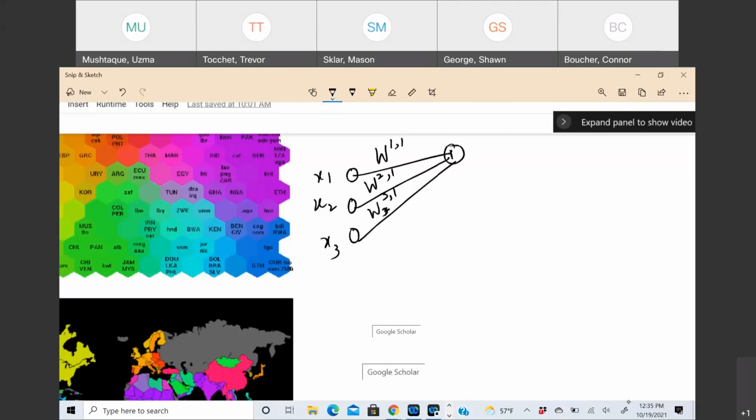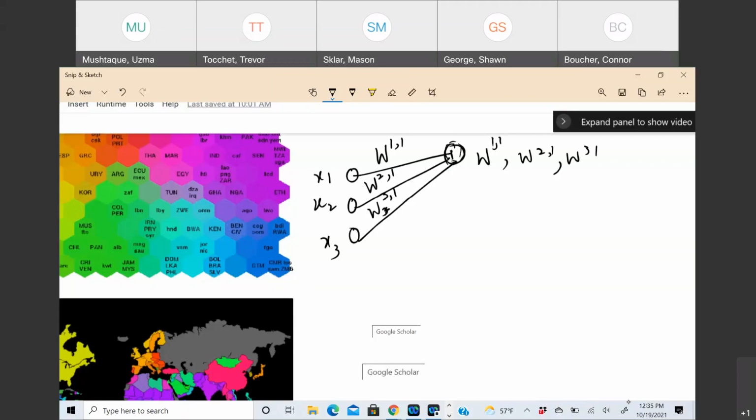Okay, so I'm focusing on this one input, right? And what really happens is that I don't sum these up, and for now I don't provide any activation on these. Rather, this node 1 can be thought of as a point which has these dimensions, W11, W21, W31.